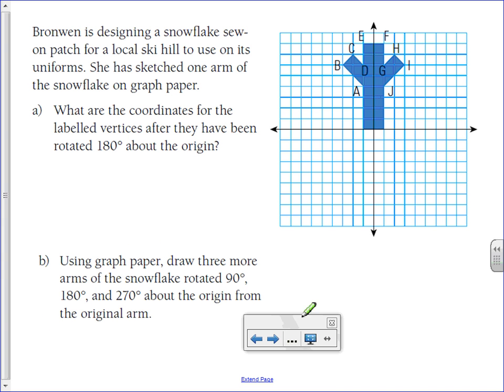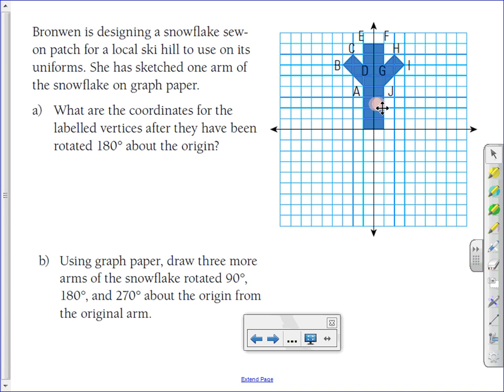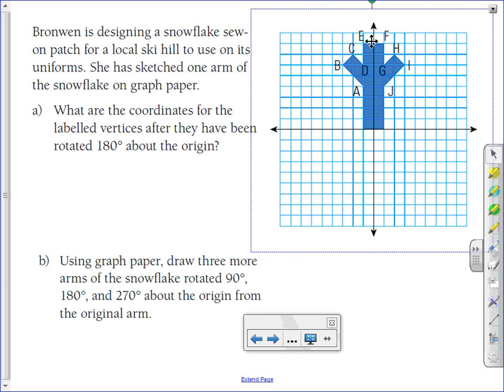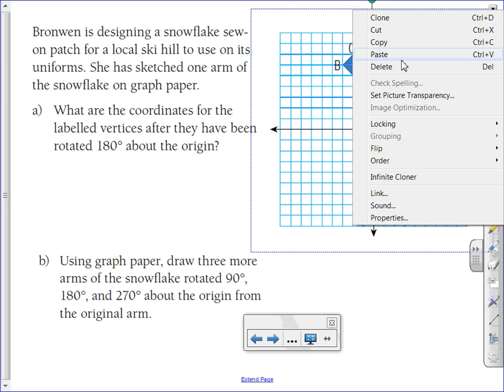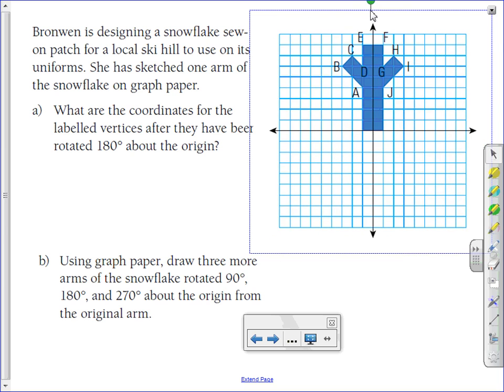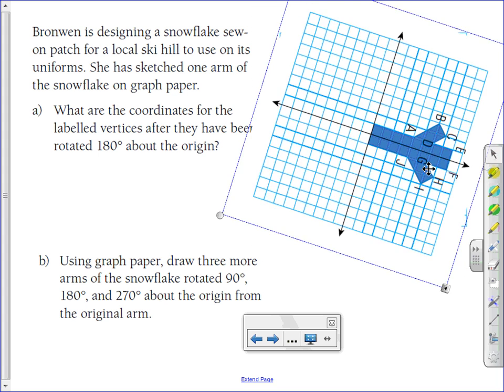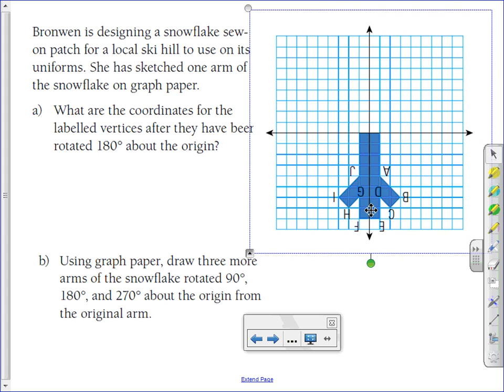You're also going to have to deal with some rotations. Rotation meaning moving around. And this question is asking you to take this picture, which is of a geometric shape, and rotate it around to make a snowflake. So currently we have a picture on the top there, and I am going to take that same image and just rotate it around, and this would be 90 degrees, this would be 180.